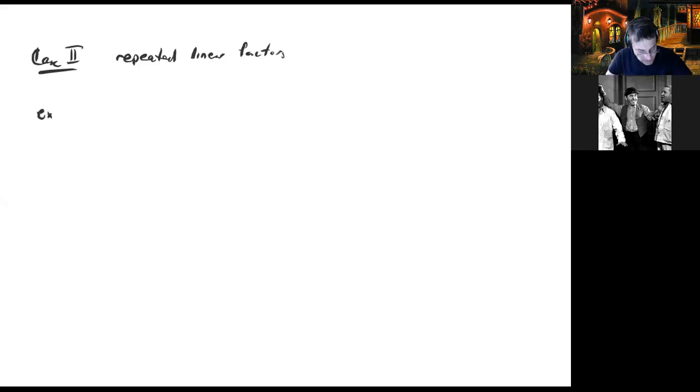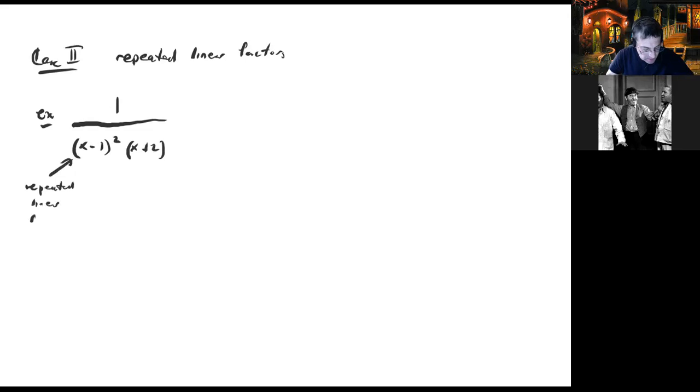So the example is this. What if we have something that's been factored as, say, 1 over x minus 1 squared times x plus 2. So this x minus 1 squared is a repeated linear factor.